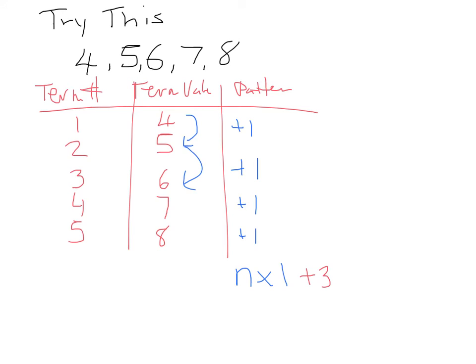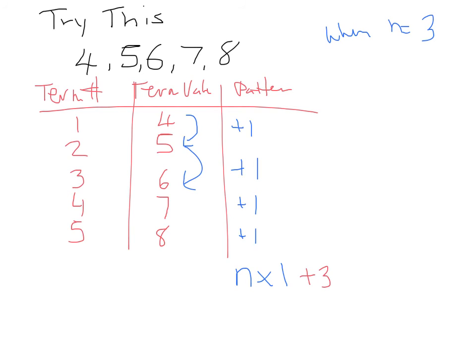Now, I don't know if this pattern is going to work each time. I know it worked with the first one, but will it work with term 2, term 3, etc.? So we try it out. Always try it out. So when n equals 3, let's see if I end up with the value of 6 when I have the term number 3.